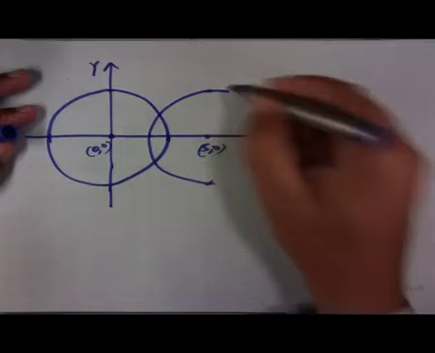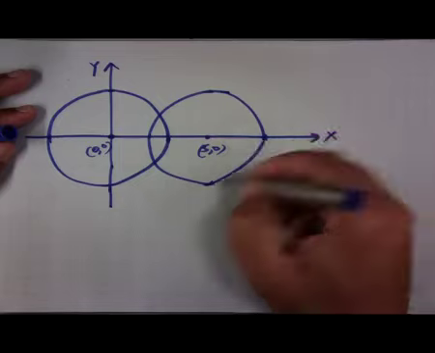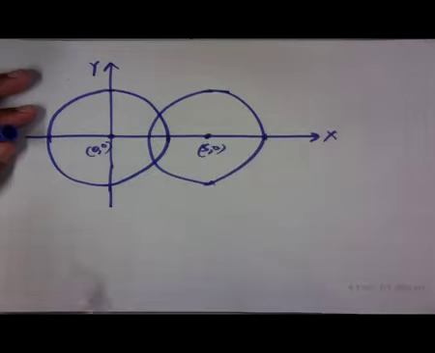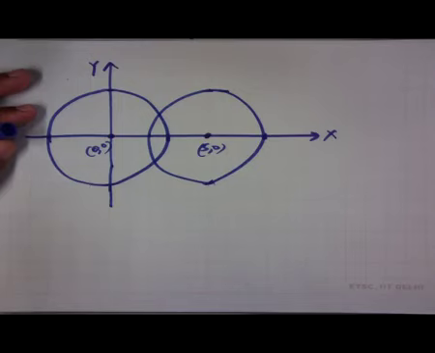So, this is the other circle. Both of them have the same radius, but the centers have different coordinates.